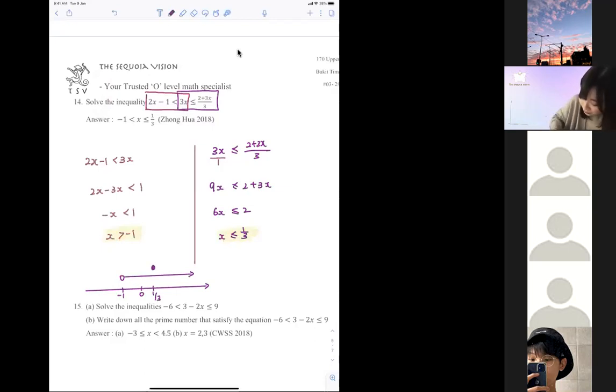So x must be less than minus 3, pointing left side. Okay, you only need the part where both lines overlap. So you only need this part. Okay, so how to present this part? Put x in the middle. X must be smaller than 1/3 and bigger than minus 1. But because this one is shaded, remember to put the equal sign. And that's your answer.